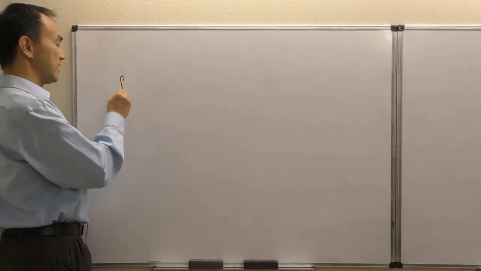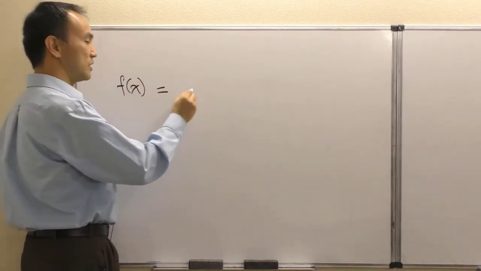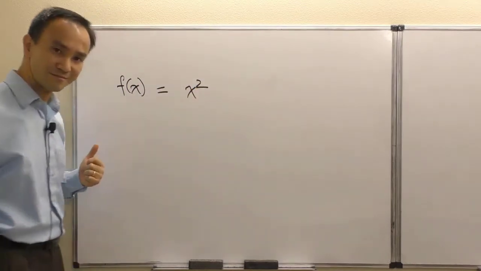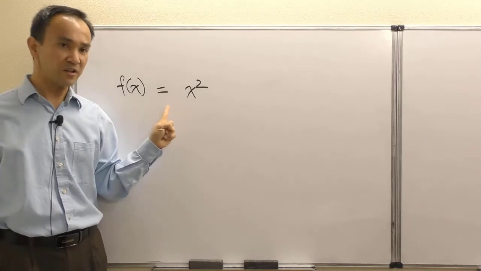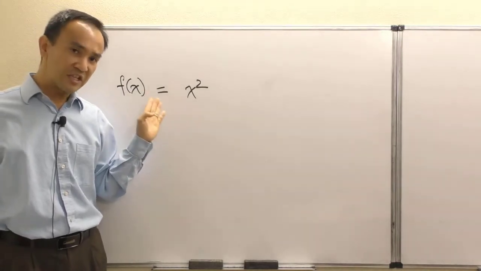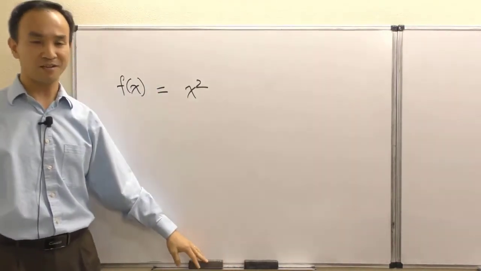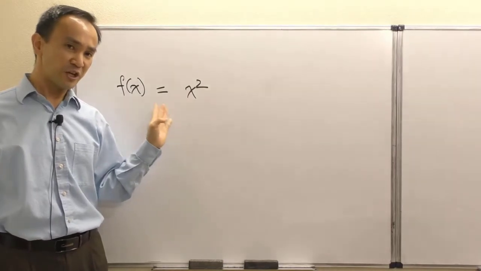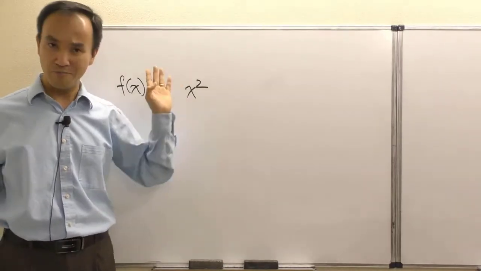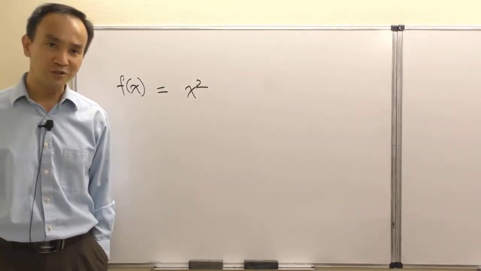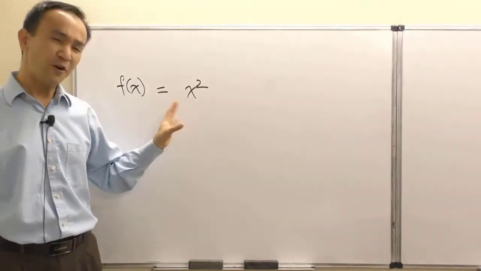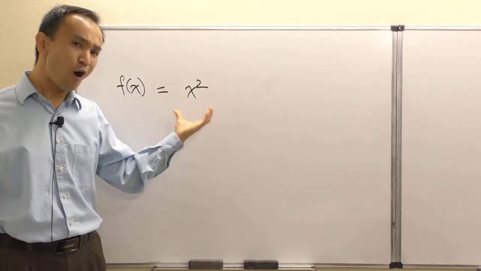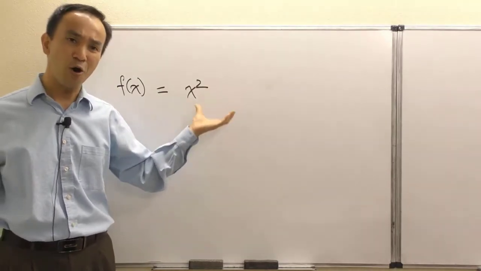Let's say f of x equals x squared. All right, so no doubt about it. This function must have been seen in earlier lectures, and this function particularly must have been brought up a lot throughout many other lectures prior to this study about polynomials. Okay, so as far as the name, I call this particular function the simple quadratic, okay?